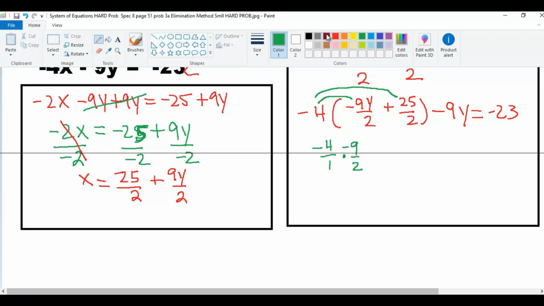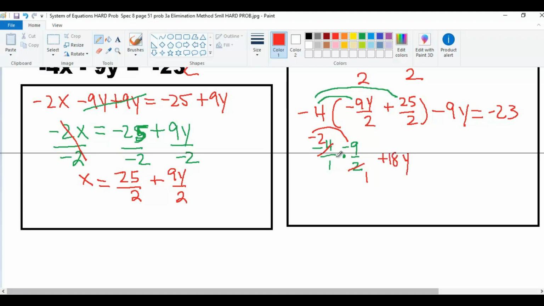First thing is to see if we can cross cancel, which we can do. 2 goes in here 1 time, 2 goes in there negative 2 times. Now we have a negative 2 times a negative 9. Whenever you multiply the same signs, it's automatically going to be positive. So we have a positive 18y.